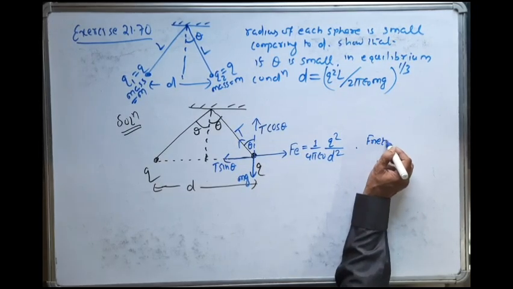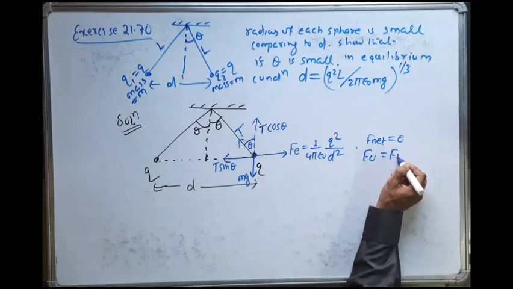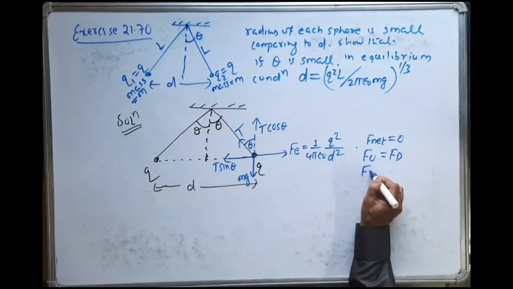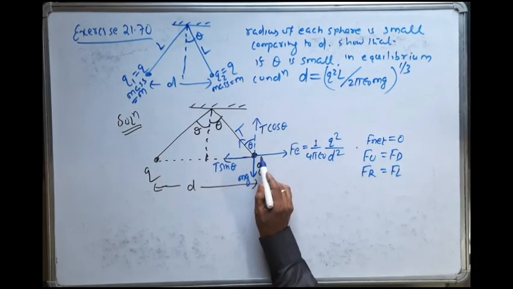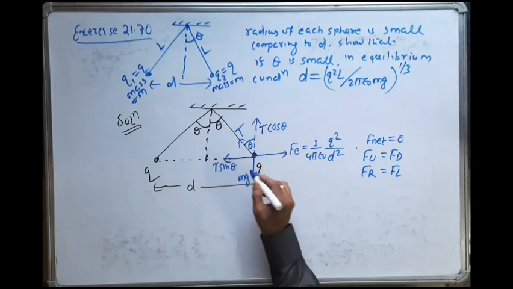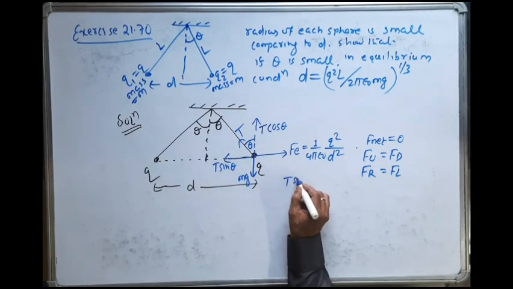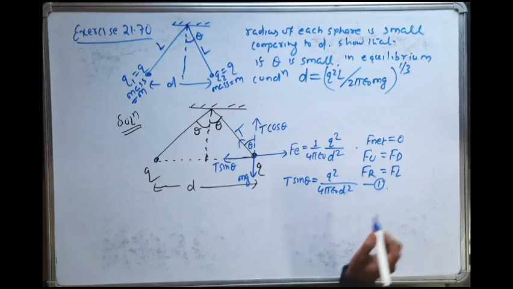Net force being 0 means upward force is equal to downward force, and right direction force is equal to left direction force. The right direction force is T sin theta, and the left direction force is q square by 4 pi epsilon naught d square. Let us say this is equation number 1.